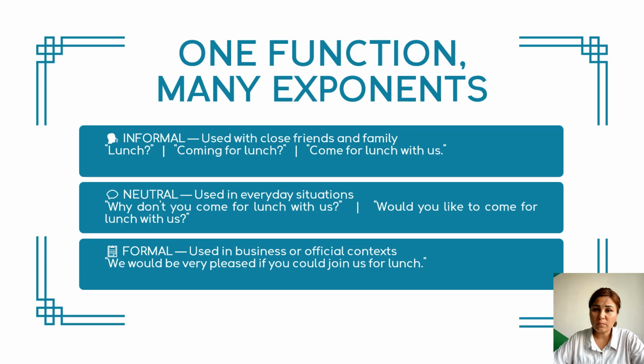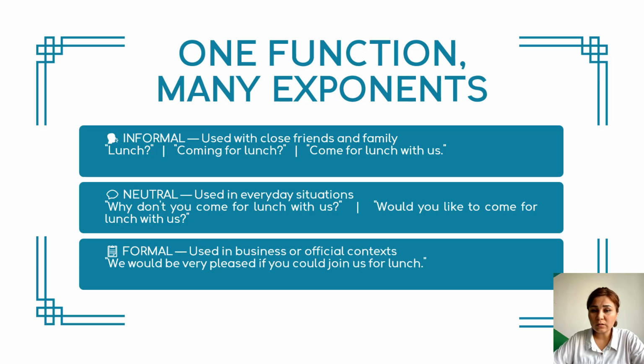One function, many exponents. Informal, we use with close friends and family: "Coming for lunch?" "Come for lunch with us." They are different exponents and natural ones. Use them in everyday situations. "Why don't you come for lunch with us?" "Would you like to come for lunch with us?"